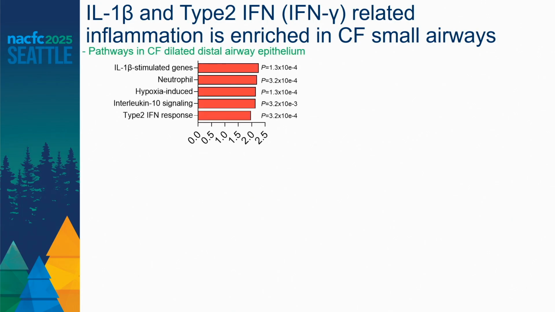So we checked the pathway analysis data from the dilated airway epithelial cell regions. And as expected, we could detect the IL-1 beta related pathway upregulation. Also, interestingly, we found the type 2 interferon responsive gene upregulations. Type 2 interferon means almost equal to interferon gamma stimulations.